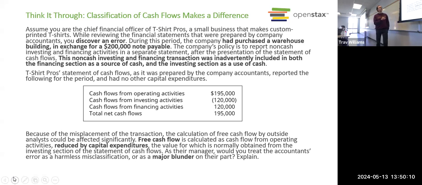But somebody goofed. Somebody actually recorded it as though we got $200,000 from the loan and we paid $200,000 cash for the building. So that impacted both the investing section and the financing section.